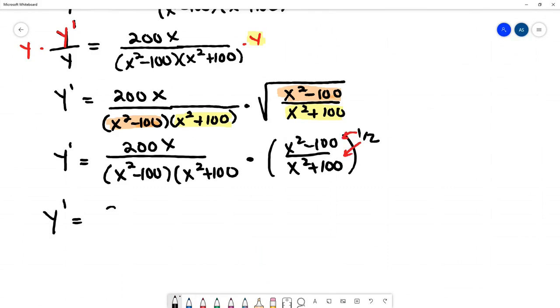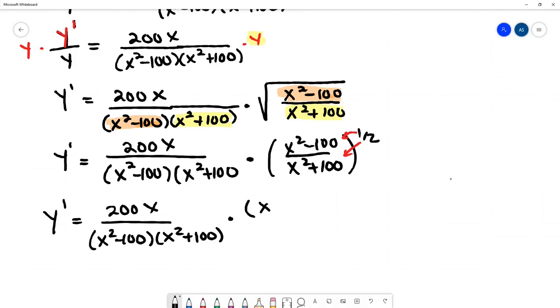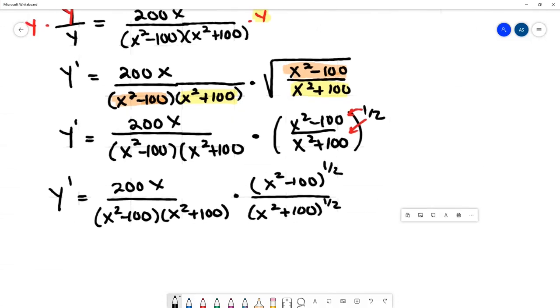So I have 200x over x squared minus 100, x squared plus 100, and times x squared minus 100 to the 1/2 over x squared plus 100 to the 1/2. So now that I've got these two bases separated, I can combine them with the other base that's the same.